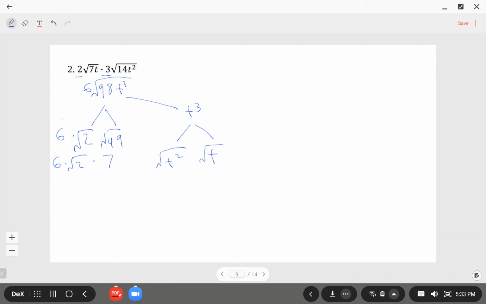And remember, square root of t squared is going to be t. So now let's just simplify. What are non-radicals? 6, 7, t. 42t times square root of what? 2t. That is the answer.